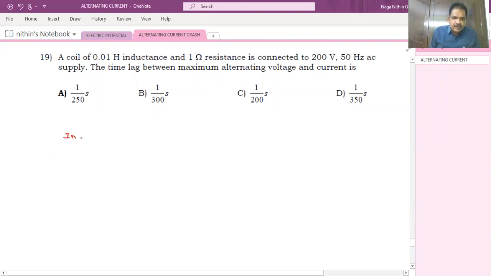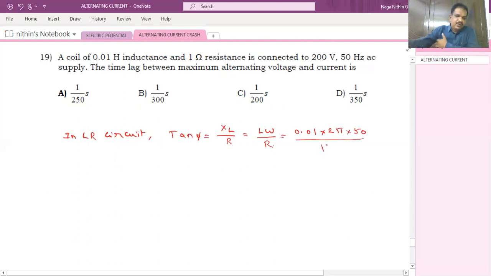So in LR circuit, tan phi is equal to XL by R. L omega by R. L value 0.01, omega 2 pi f, by R value will be 1. So tan phi is equal to 3.14 if we calculate this one.